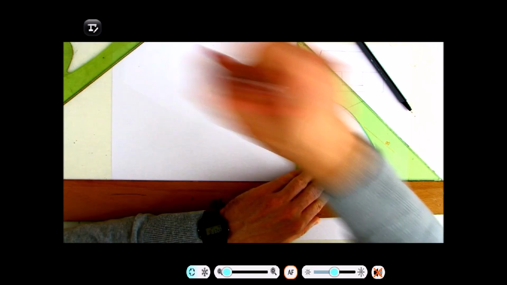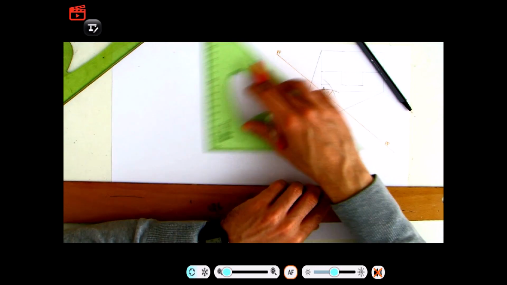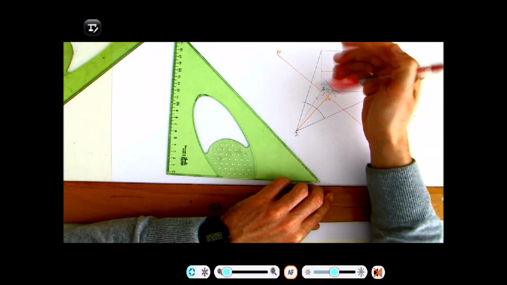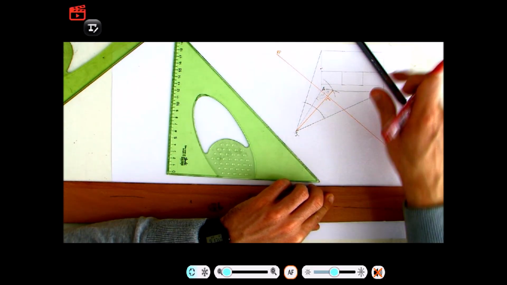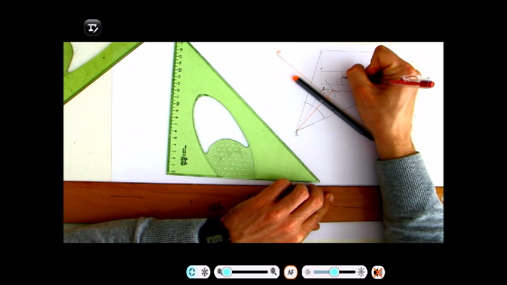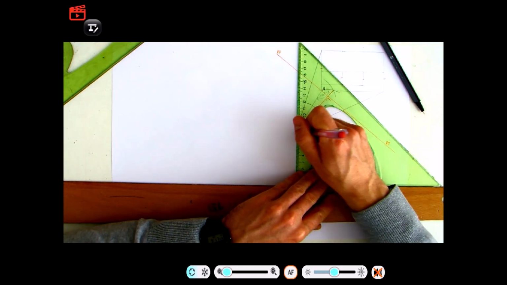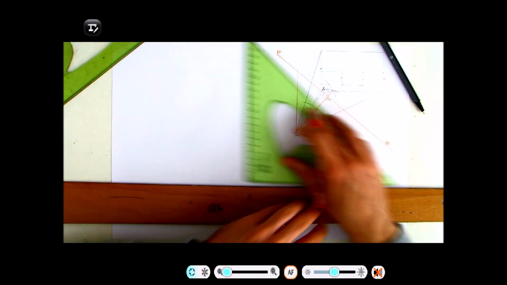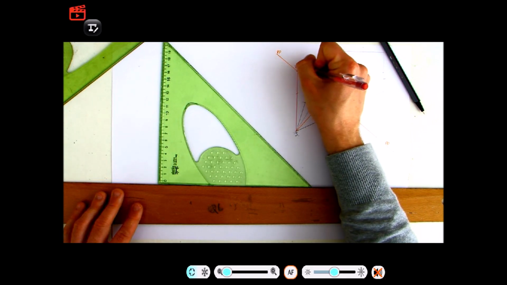Now, I'm going to find my vanishing point. Okay? So this line here is vertical. Vertical, vertical, vertical, vertical. These are all parallel to each other. My vanishing point is going to also be vertical. Okay? So that is also vertical. That is giving me VPL.